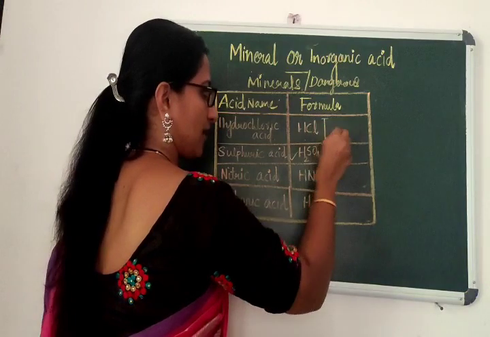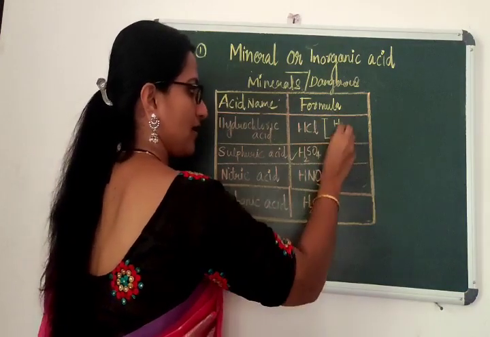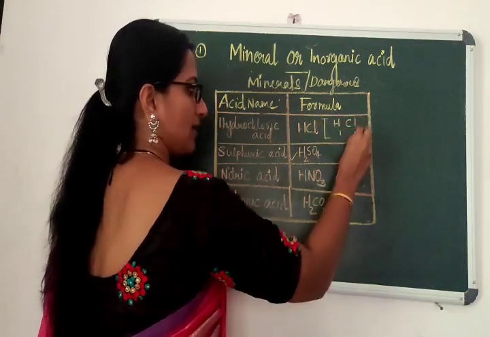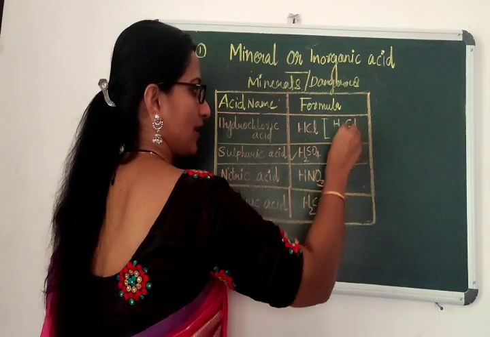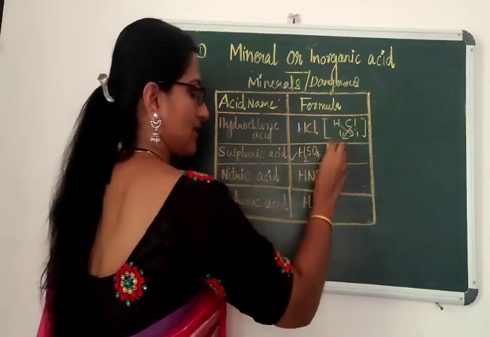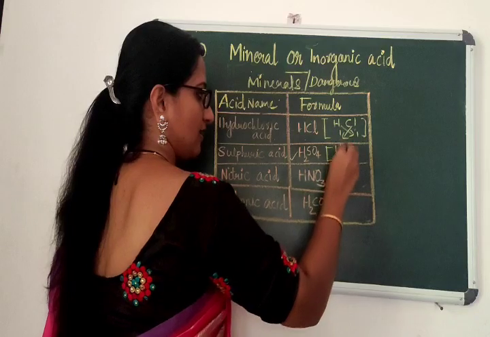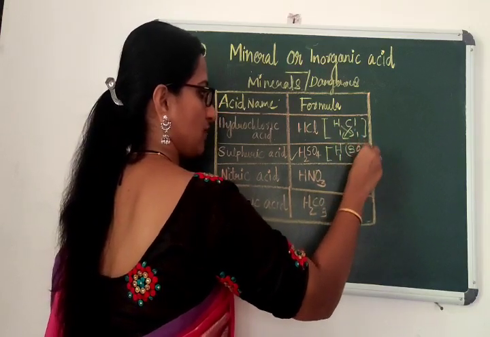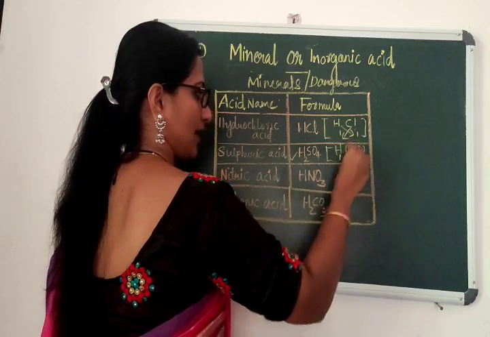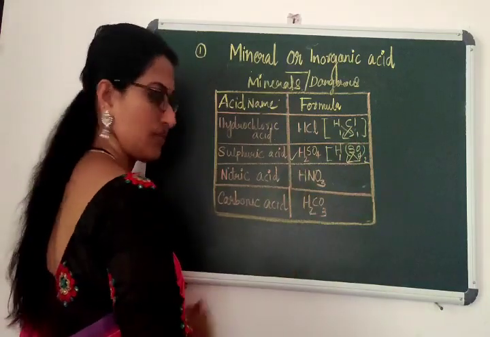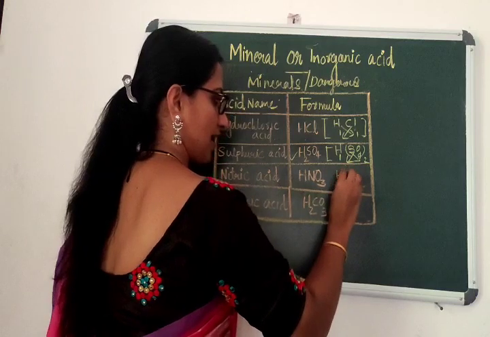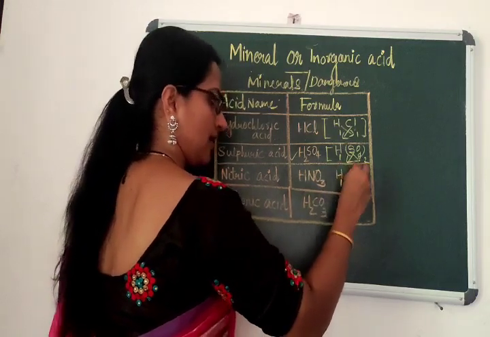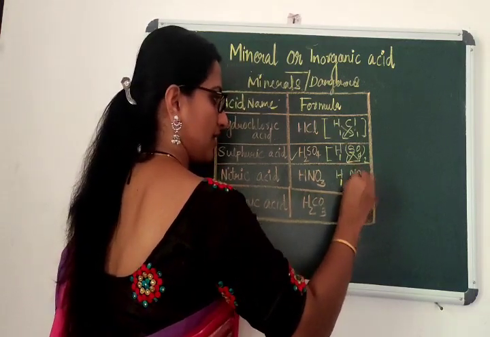For hydrochloric acid, the valency of hydrogen is 1, the valency of chlorine is 1. So when you crisscross, you get HCl. In the same way, for sulfuric acid, the valency of hydrogen is 1, the valency of sulfate is 2. So when you crisscross, you get H2SO4. For nitric acid, the valency of hydrogen is 1, the valency of nitrate is 1.